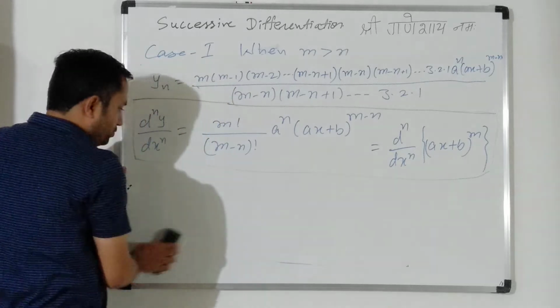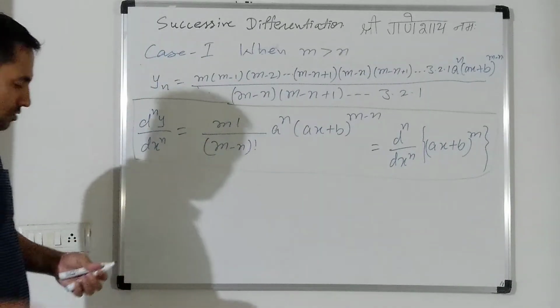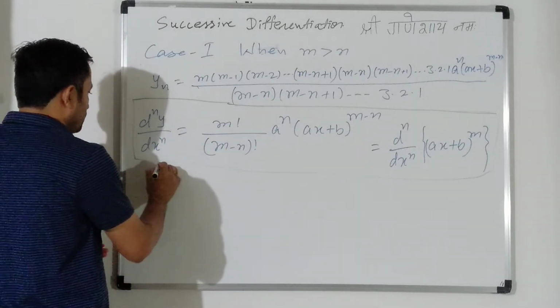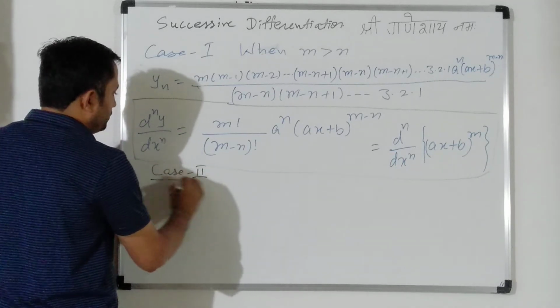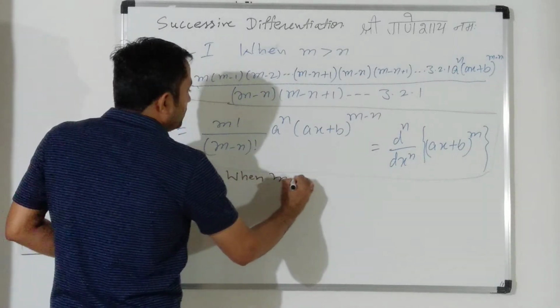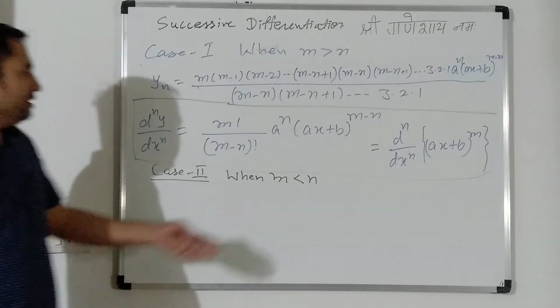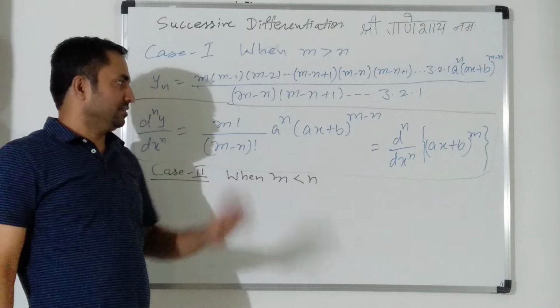Now we have the case when m is less than n. It means we require the higher order derivative where the power is less than the order of the derivative.